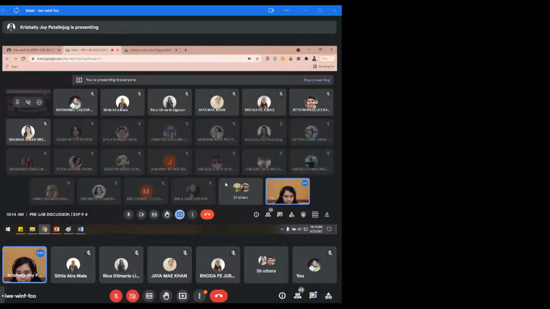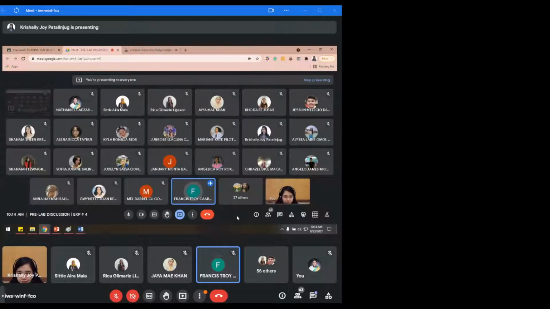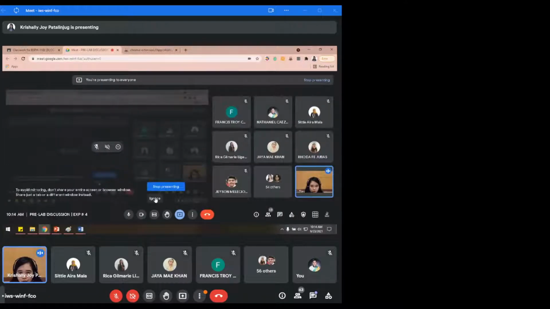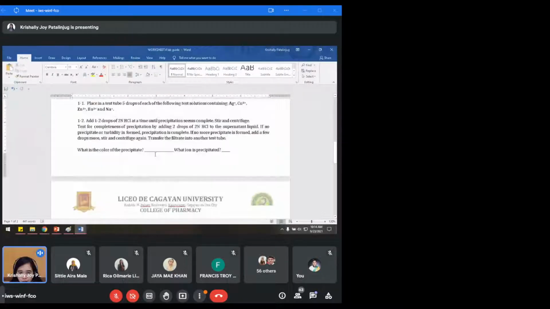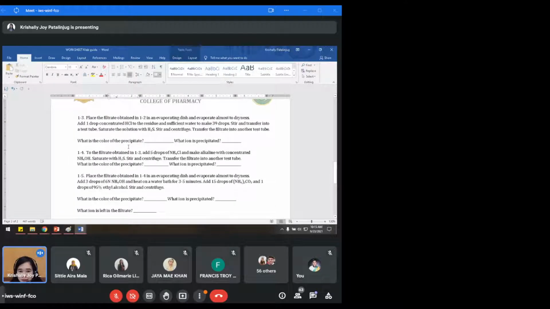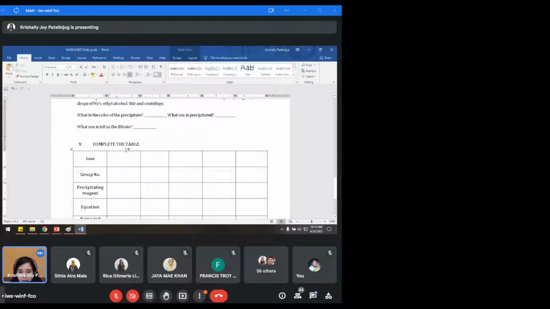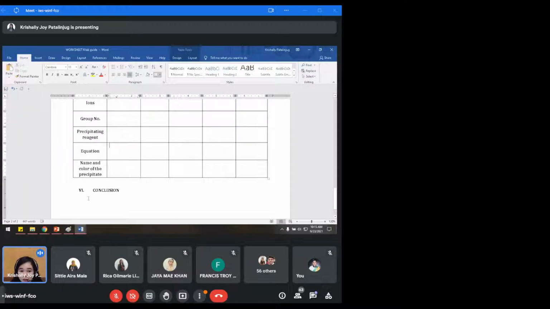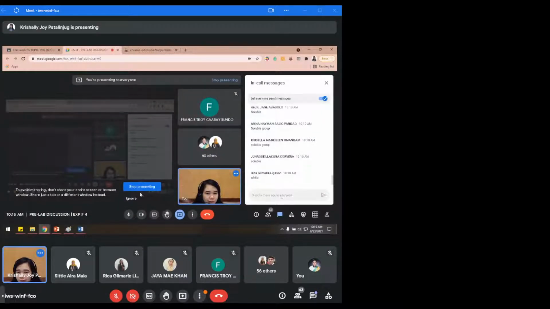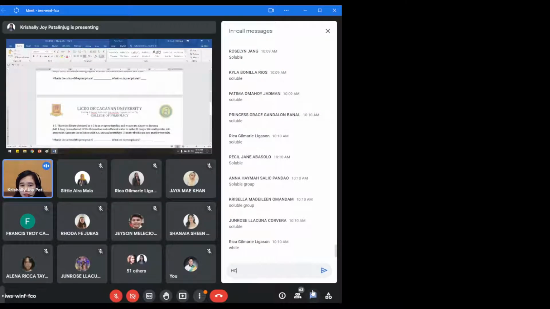Ma'am, excuse me, ano po itong equation? Sa equation, ano yung nireact? Ano yung nilagay mo dito na ion? Silver ion. Ano yung test solution na ginamit natin sa silver ion? Silver nitrate. Ano yung precipitating agent ng silver nitrate? Makikita mo sa procedure.